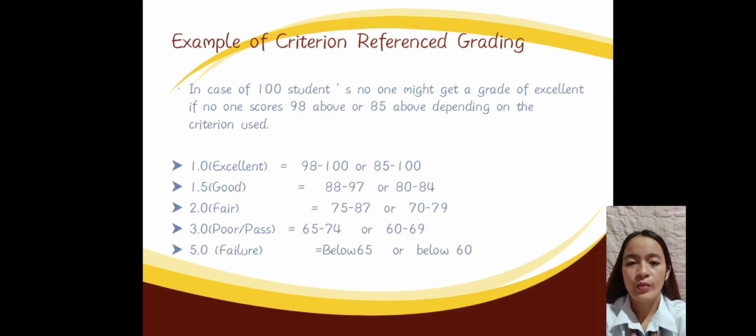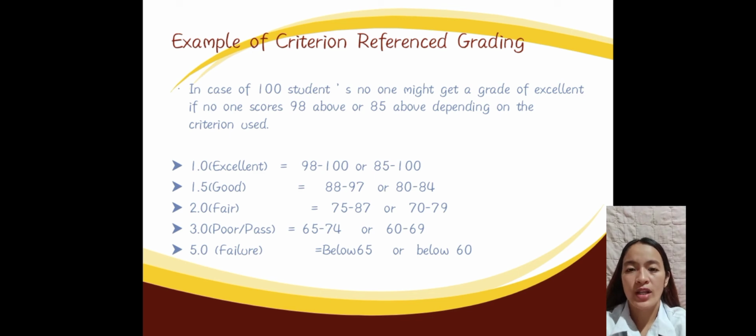Example of criterion reference grading. In case of 100 students, no one might get a grade of excellent if no one scores 98 above or 85 above depending on the criterion used. 1 or excellent is equal to 98 to 100 or 85 to 100. 1.5 for good, 88 to 87 or 80 to 84. 2 or fair is equal to 75 to 87 or 70 to 79. 3, poor or pass, is equal to 65 to 67 or 60 to 69.